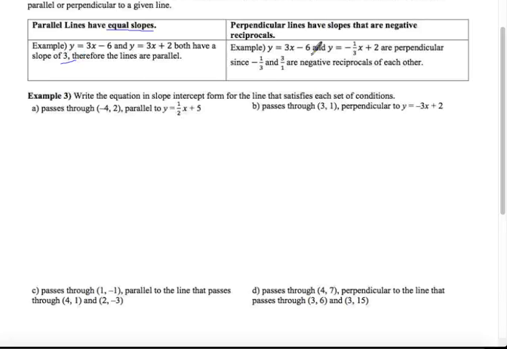Perpendicular lines, and remember that means perpendicular lines intersect at a 90-degree angle, and parallel lines never intersect.